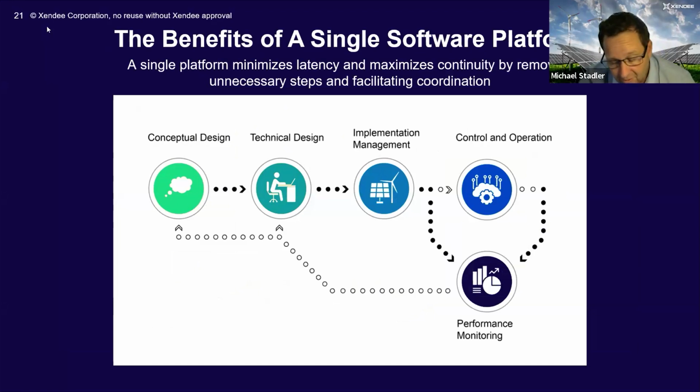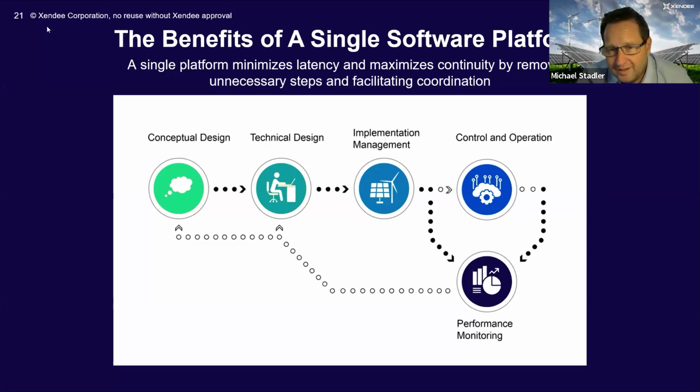Then suddenly you realize you have to do a more detailed analysis on the financing, and then you have a discontinuity because your methodology from the conceptual design cannot be applied to the technical design. And even if you want to go further into power flow, how do you get the data from the economic part into the power flow part? Another disconnect that we want to overcome.